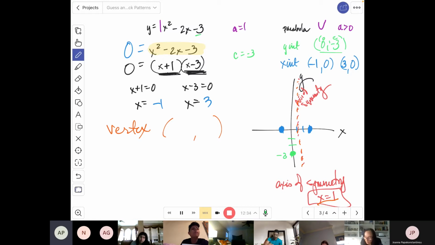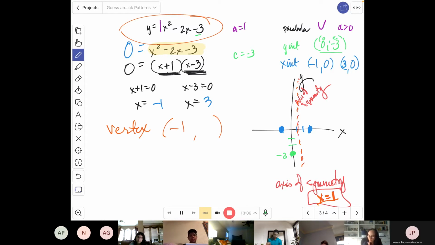It is 1. Ariana, do you see that the axis of symmetry is x equals 1? Since the vertex falls on the axis of symmetry, it has that same x value, and as we did in the last example, you can substitute that x value into your original equation and find the corresponding y value.